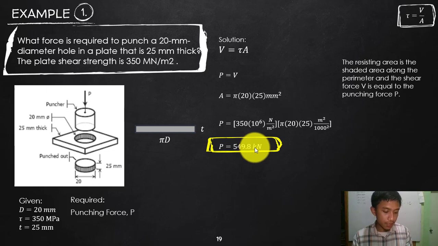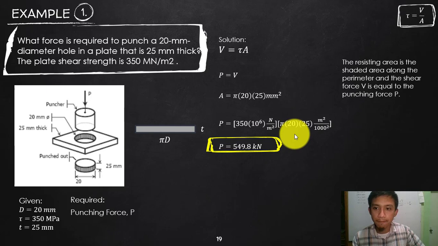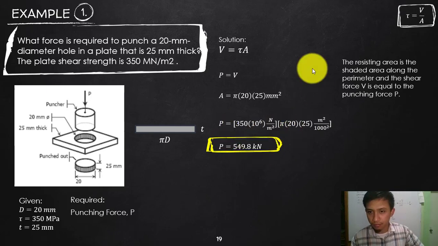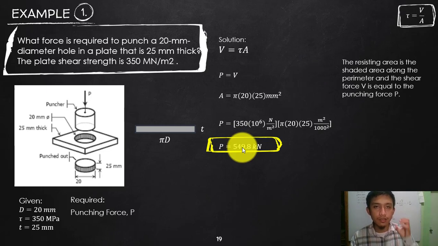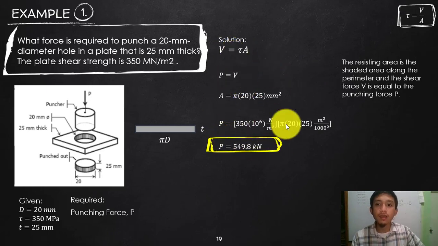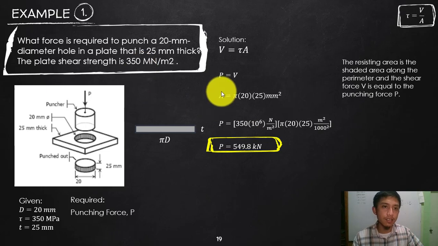So that is 549.78, or I rounded it to first decimal. It's up to you, depends on the requirement of the problem. So you can put this in kilonewton or newton. The point here is that as long as you know how to manipulate the equation itself. So that is your number one.